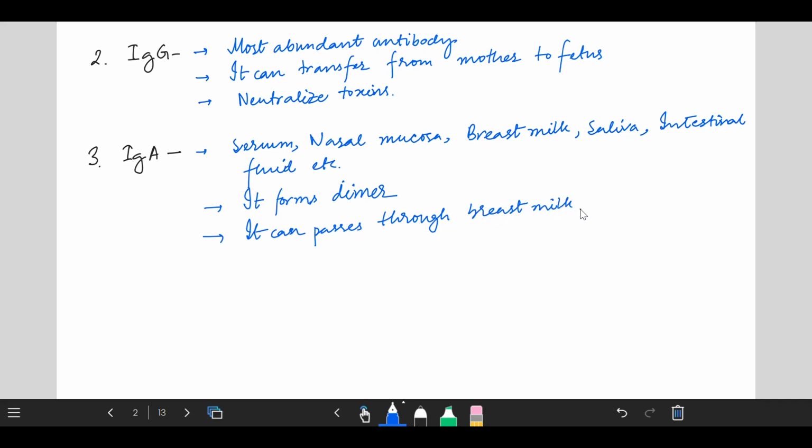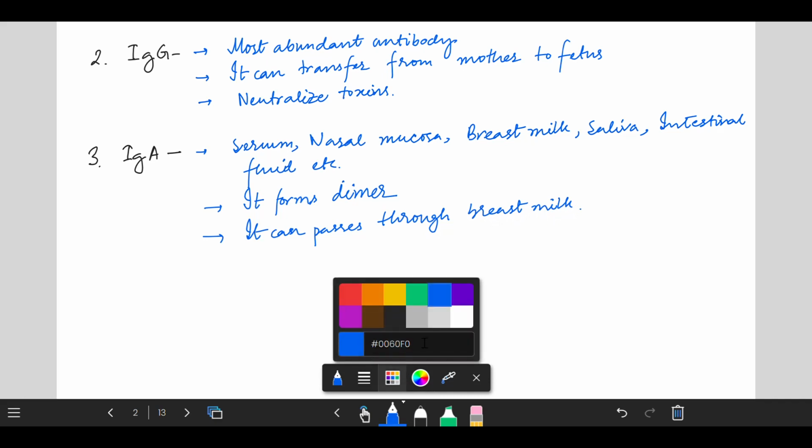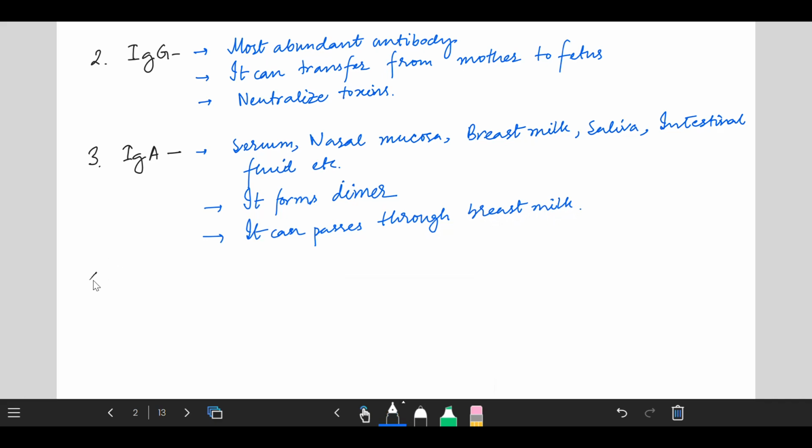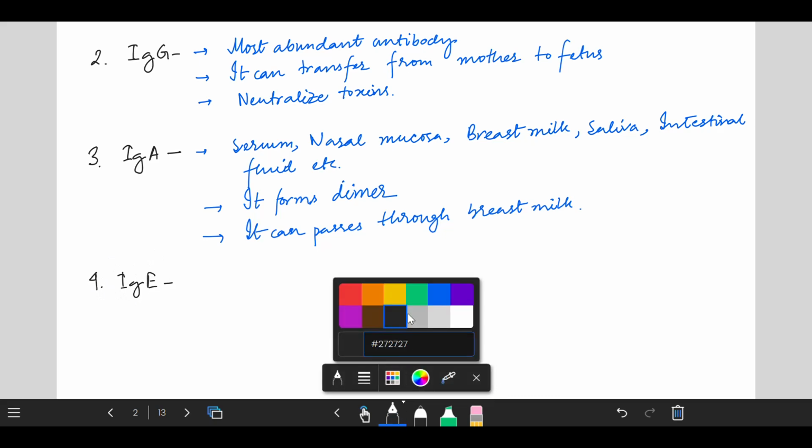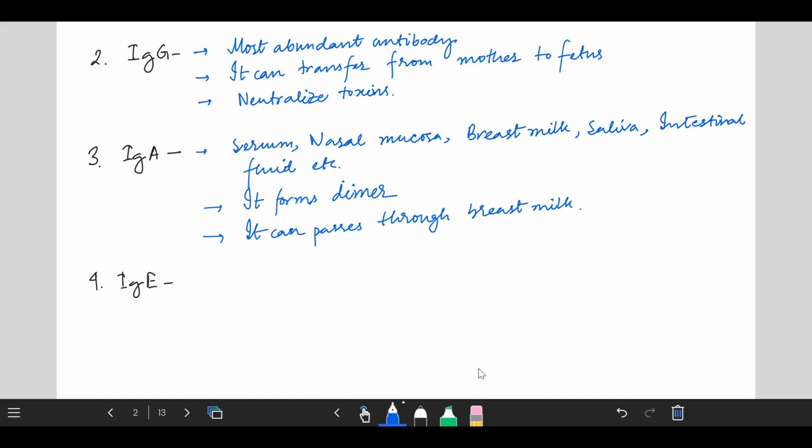Now we will learn the fourth antibody, that is IgE type. This type of antibody is present in minute amounts.